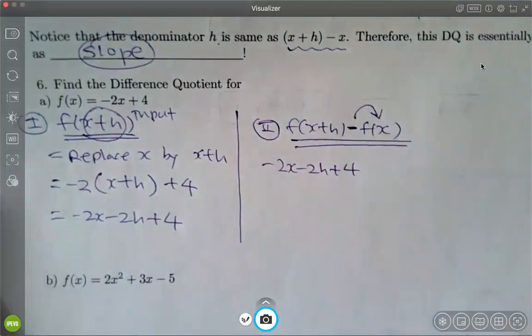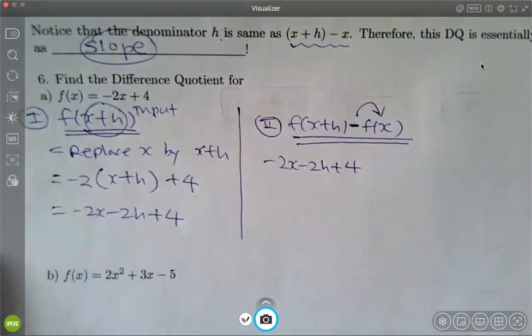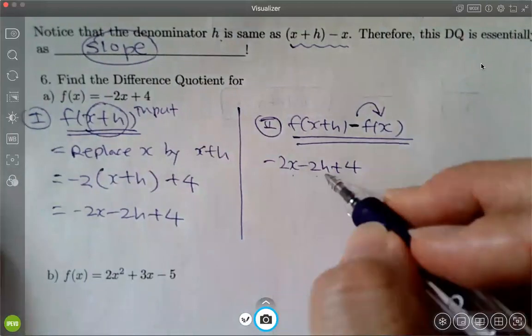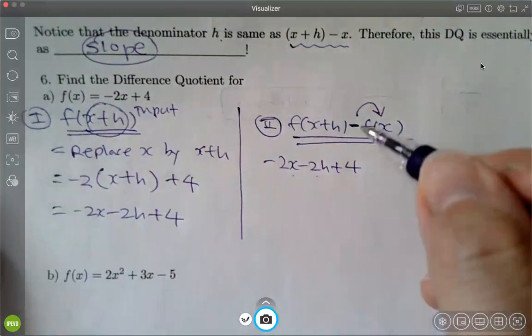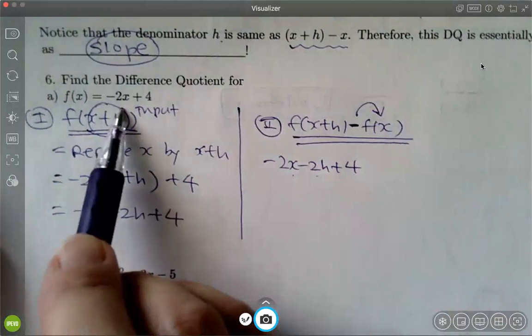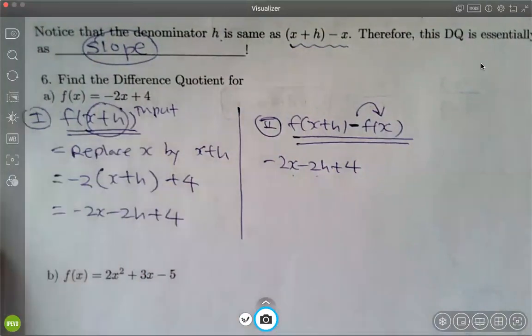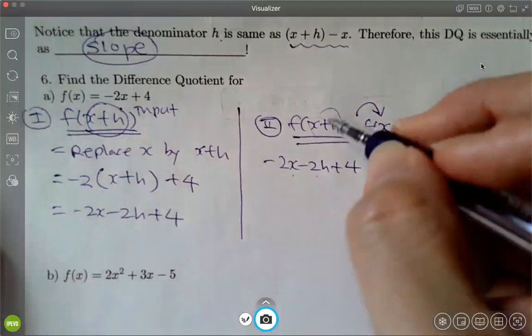And now, when you subtract f of x, which is this one, is it minus 2x plus 4, or is it something else? Well, x plus h is changed into this one.